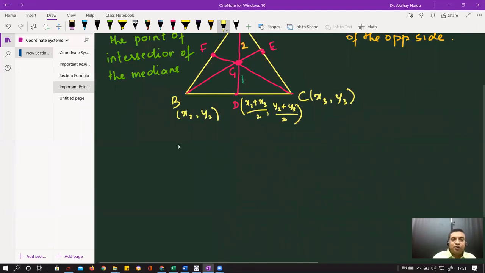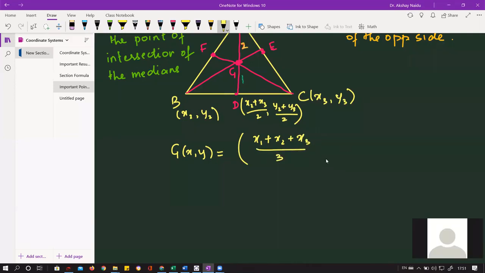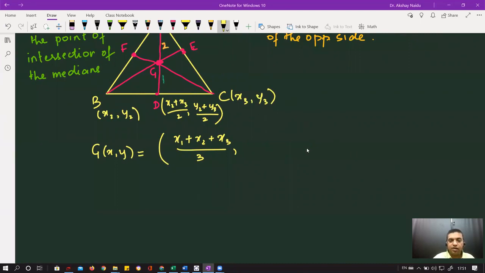When you do that, you get the coordinates of the centroid G as ((x1 + x2 + x3)/3, (y1 + y2 + y3)/3).